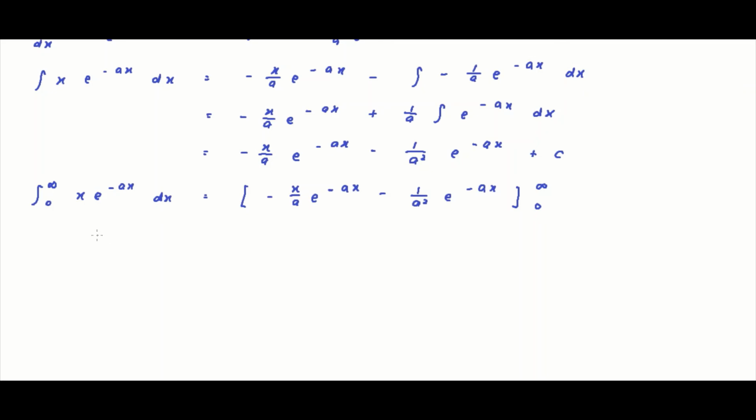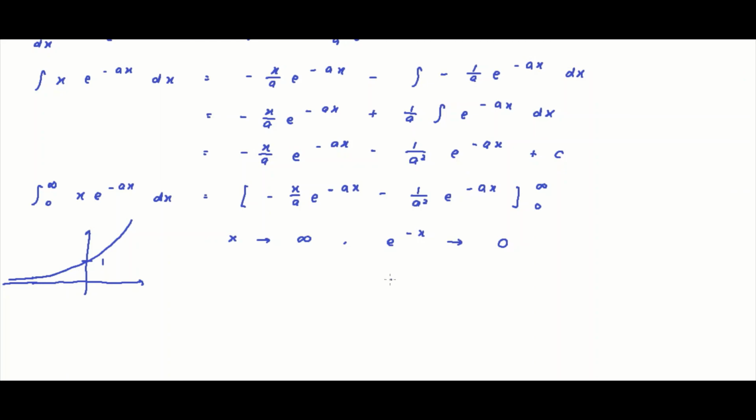You have previously learned the exponential graph, right? The exponential graph looks something like this. This is your 1, the intersection point here. Here, it will be approaching the x-axis, but it will never reach that. So when x approaches infinity, e to the power of negative x approaches 0, as you can see in the graph.